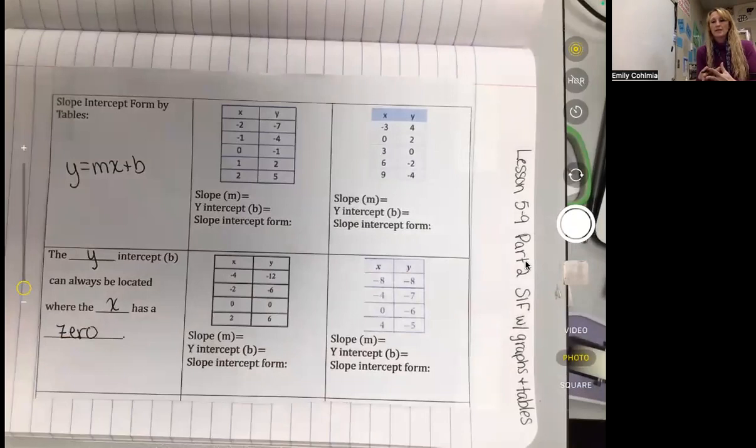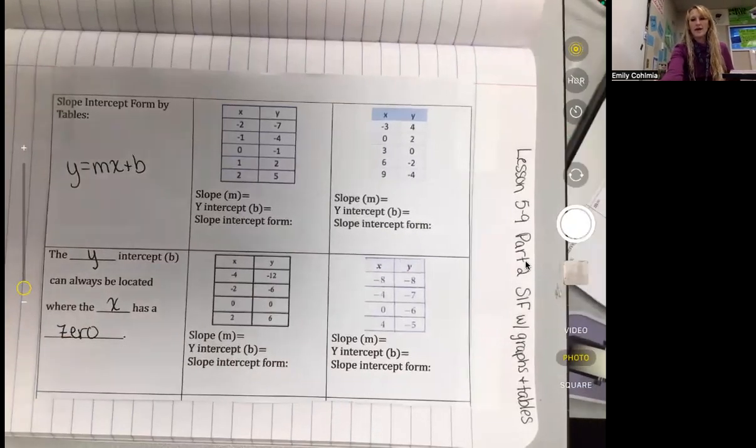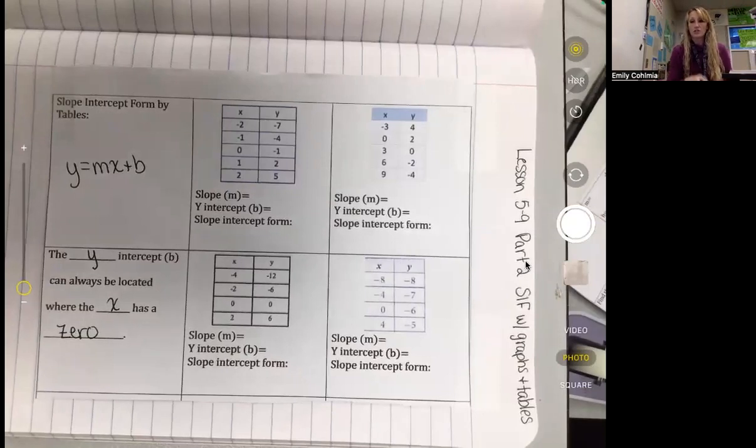We are not going to be looking at any tables that do not have the y-intercept in the table. You will learn how to deal with that in Algebra 1 when you're not given a y-intercept in a table. But the ones that we have are going to always have the y-intercept in the table.